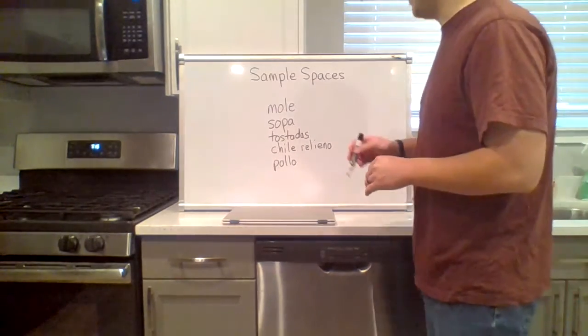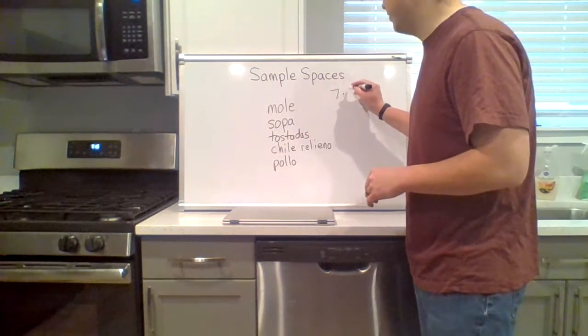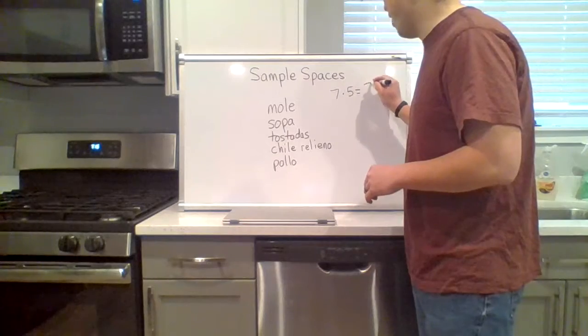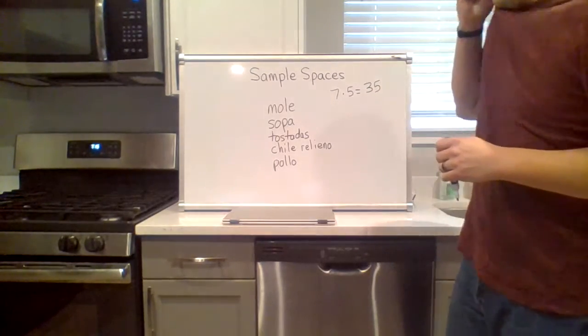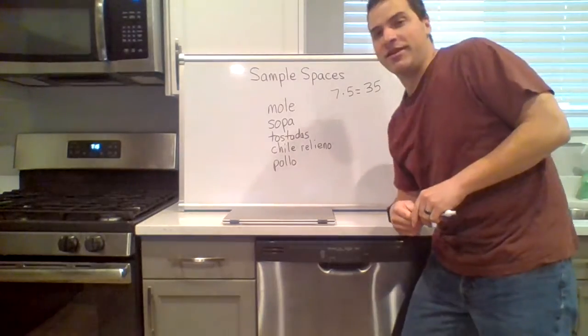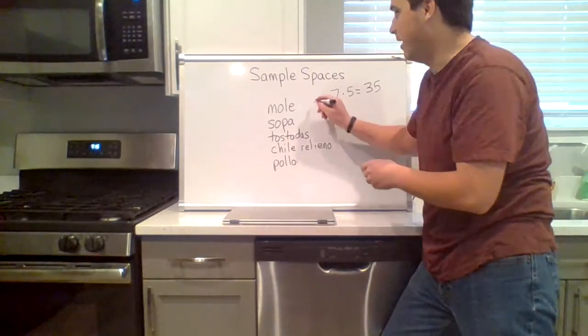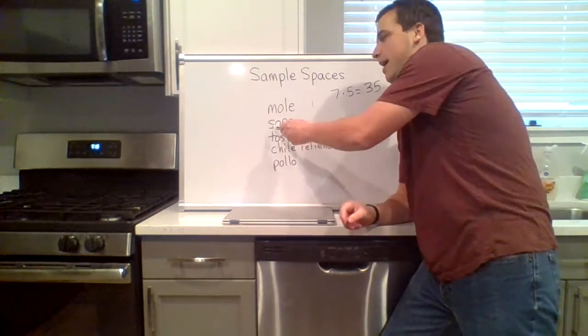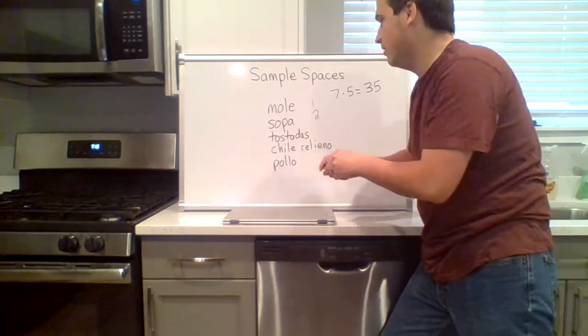Alright, how many days of the week are there? 7. How many food items are here? 5. There's 35 possible combinations. Okay? Now, how many of these start with the same letter as the day of the week? M, that's 1 for Monday. S, Saturday and Sunday, that happens twice.